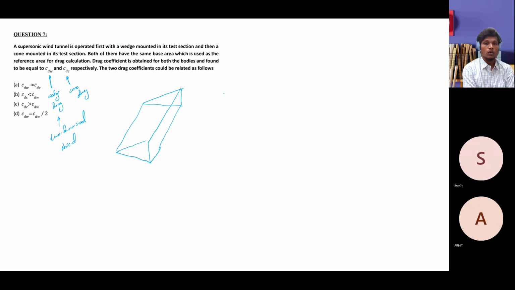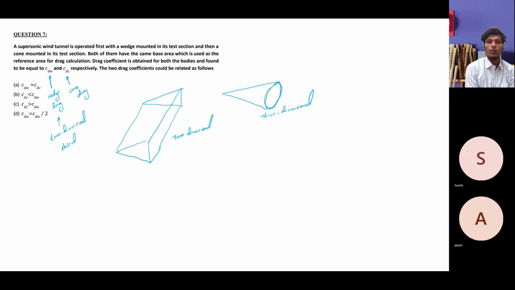Whereas the cone is a three-dimensional phenomenon. This is two-dimensional, and this is three-dimensional. Comparing two-dimensional and three-dimensional, there is a concept of three-dimensional drag relief, a relief of drag as the fluid is able to pass all over the body.